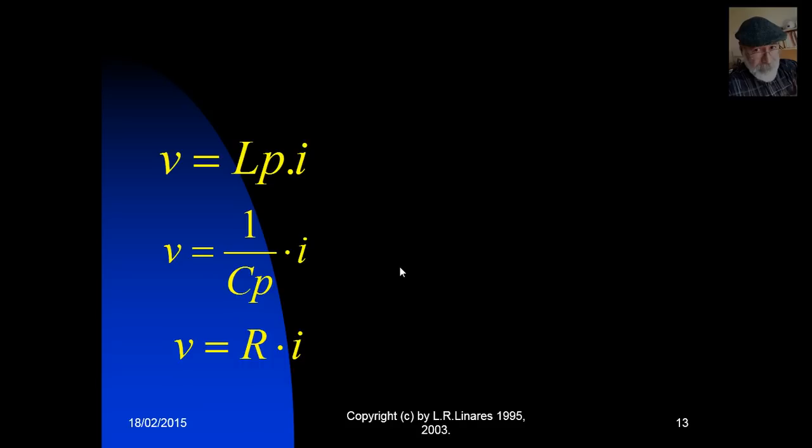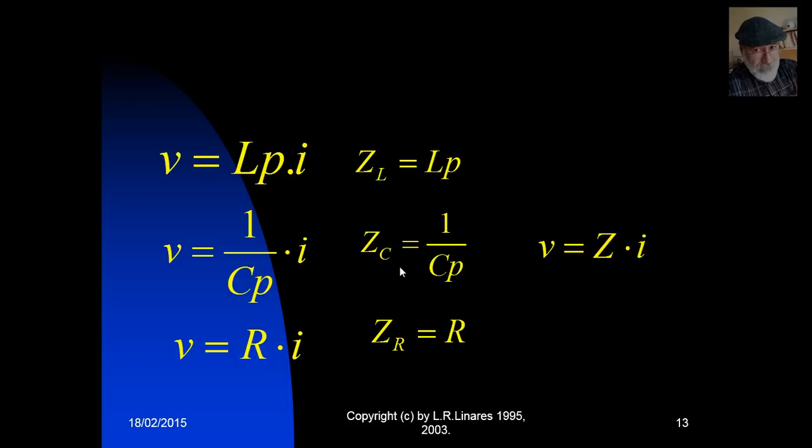So if we define ZL, the impedance of the inductor, as LP, ZC, the impedance of a capacitor, as 1 over CP, and ZR equals R, we can write all of those three equations just as V is Z times I. Ohm's law all over again, just by the introduction of impedances in the P operator domain that way.